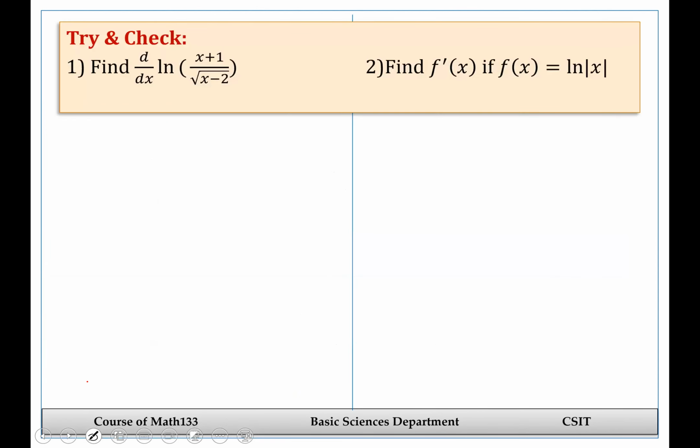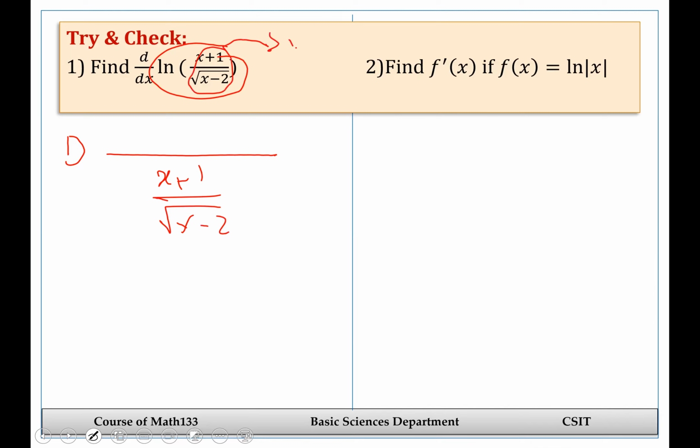Okay, now we have the try and check example number 1. So it's a derivative of this ln function. First it is x plus 1 over root x minus 2. That's the function u here.